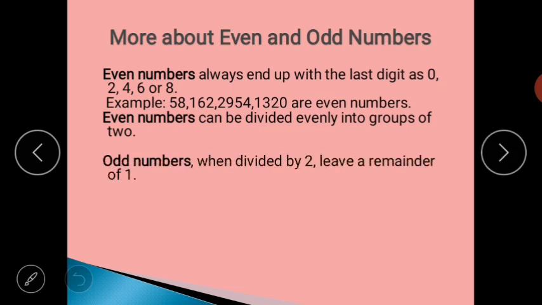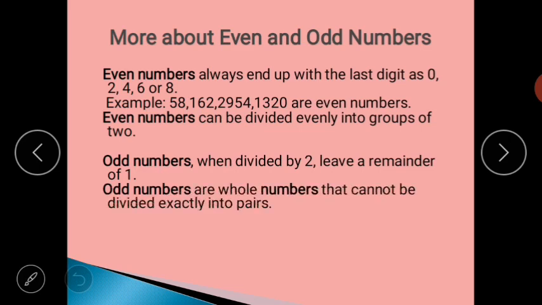Odd numbers are completely different from even numbers, and when we divide them by 2, they leave a remainder of 1. And odd numbers are whole numbers that cannot be divided exactly into pairs.